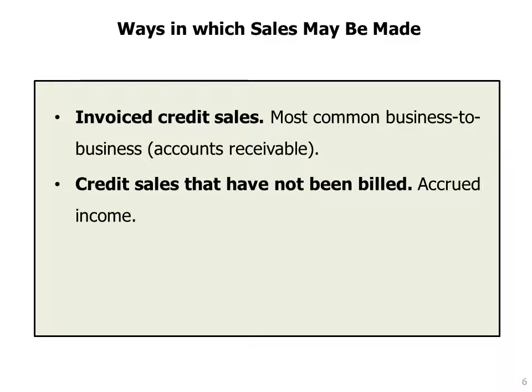Some services are billed for in arrears, so credit sales that have not been billed. Some services, electricity as an example, may be used by the customer before the supplier invoices the customer. Accrued revenues or accrued income represents the value of services that have been delivered to customers that have not yet been invoiced.